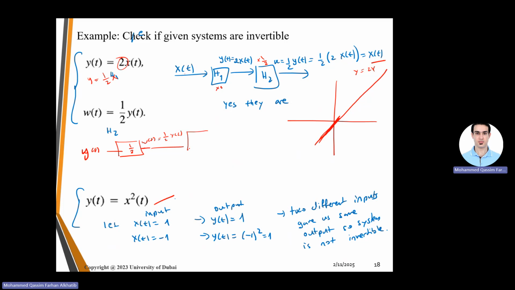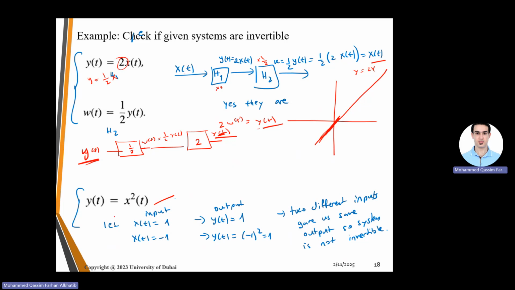Then you multiply by the inverse system, which is 2, so you will get y(t). Or you can say 2w(t) is going to be y(t). So you map the input together.